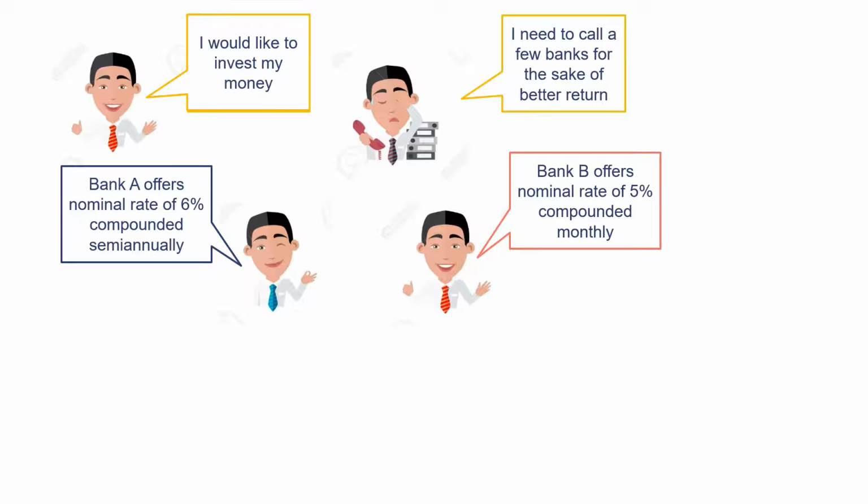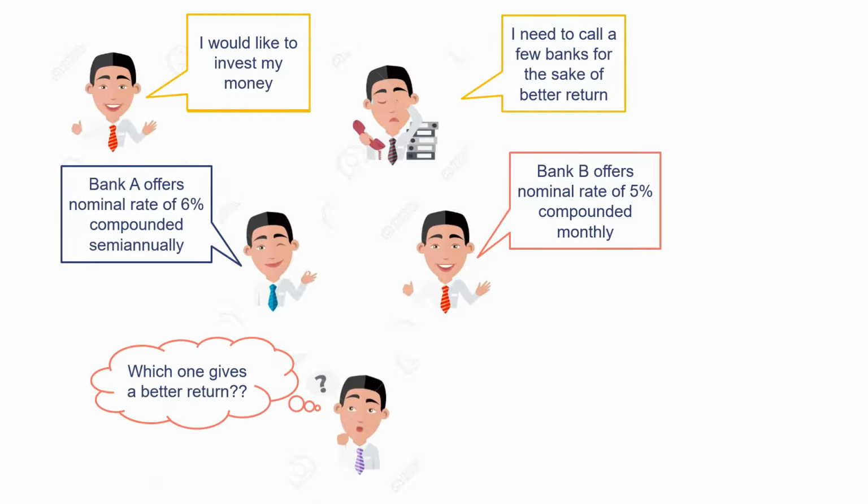Then, he wonders which plan offers him a better return, since both banks give different values of nominal rate. For your knowledge, banks only provide the nominal rate for you. Okay?